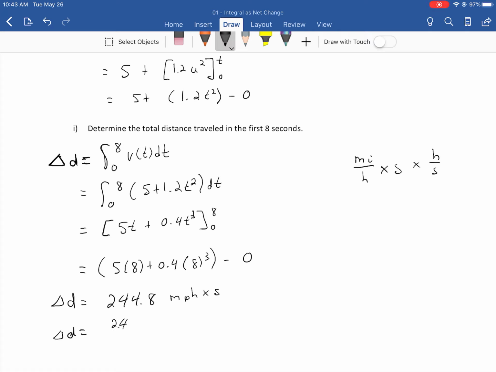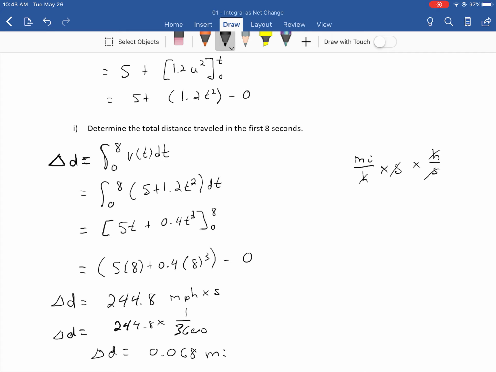So basically all we've got to do is go from seconds to hours here. So it's 244.8 times 1 over 3600. And the delta D here is actually 0.068 miles now. See, the hours and the seconds will all cancel and I get miles.